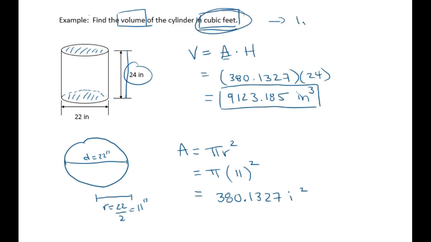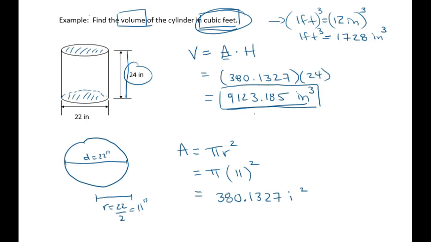So remember that 1 foot is equivalent to 12 inches, which means if you're looking at a cubic environment, you have to make sure you cube everything. So 1 cubic foot is equal to 12 cubed, or 1,728 inches cubed.